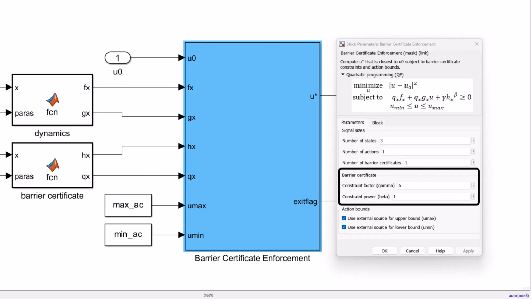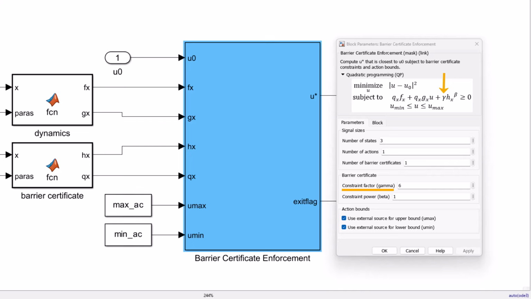And the 2 main parameters that we need to set in the block dialog are the constraint factor gamma and the constraint power beta. So let's break this down and we'll start with the most important factor, gamma. You can tweak this factor to control how aggressive of a constraint enforcement you need for your application.